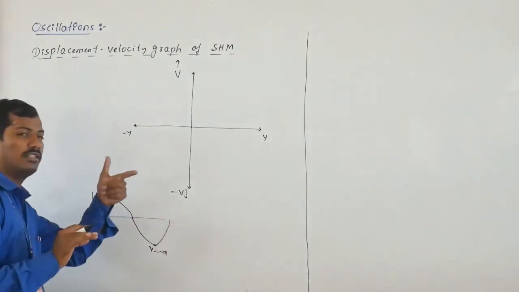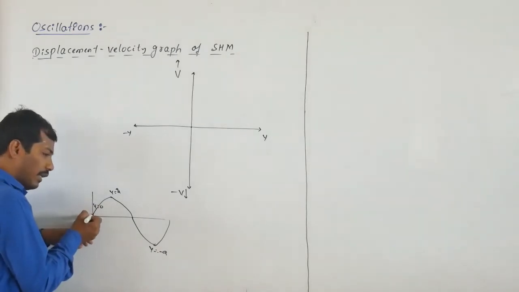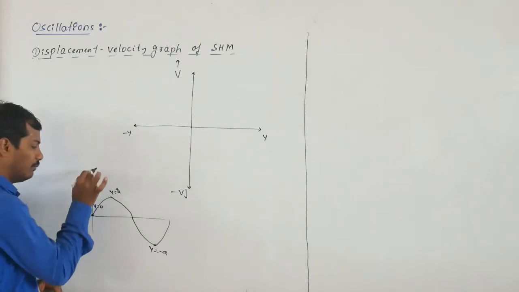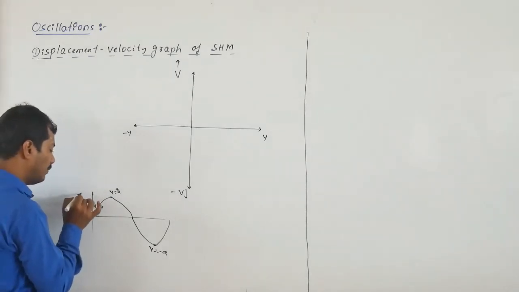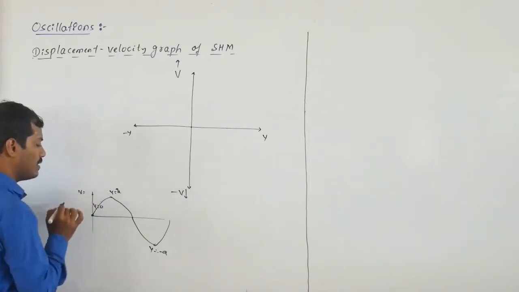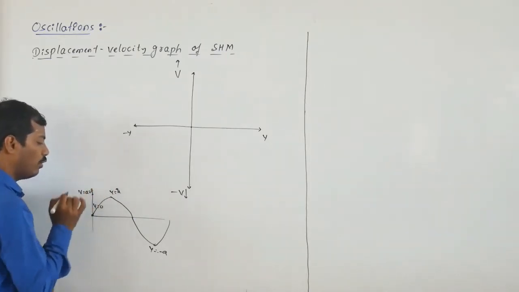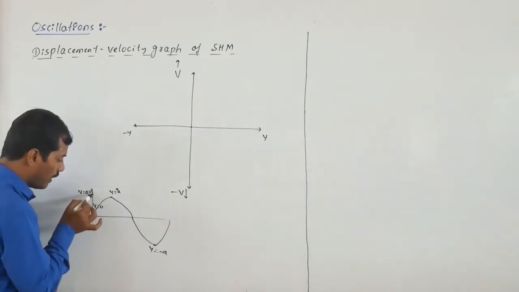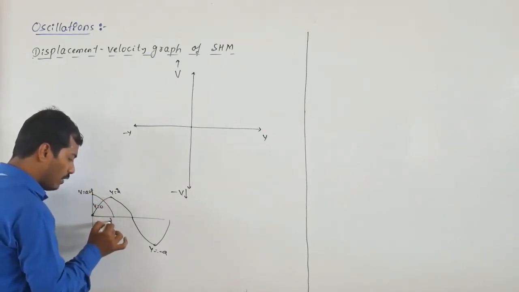But for the velocity, the velocity at the mean position is maximum. V is equal to maximum, it is positive, so it is a omega. At the extreme position, the velocity is 0.